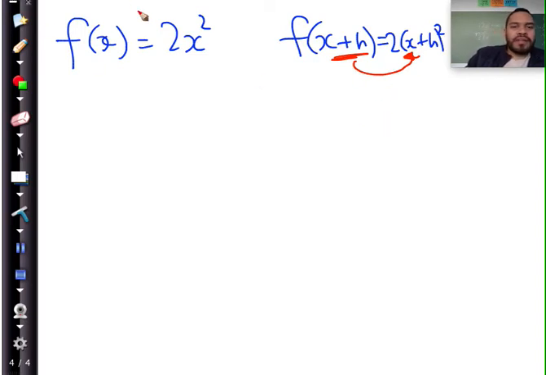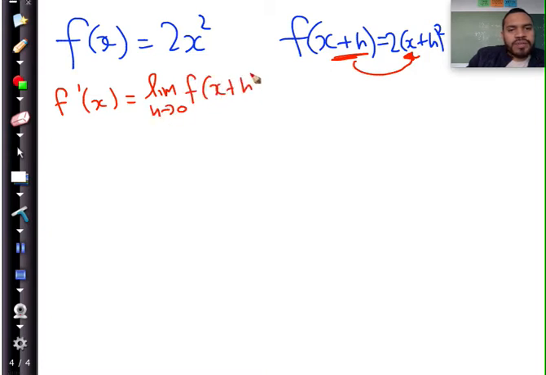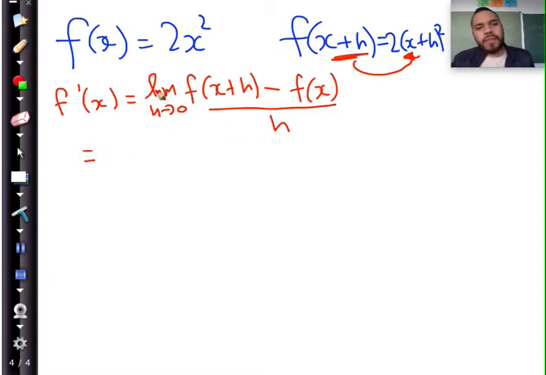Okay. So, first principles says f prime of x is equal to the limit as h tends to 0 of f of x plus h minus f of x all over h. Now what's very important, I'm just going to move my equal to sign over this way so that I have more space to write. We already found f of x plus h. Do you see that? That's this whole thing over here. Yes or no?